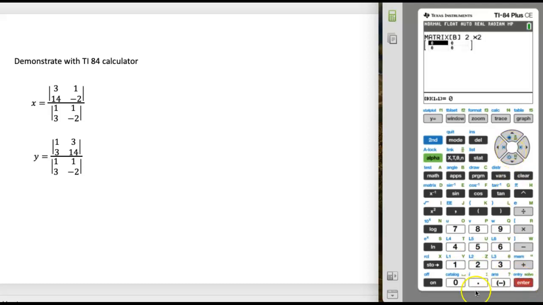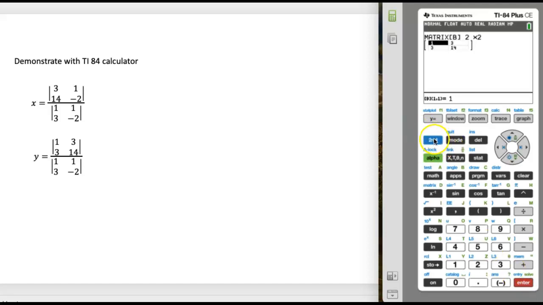And these are our constant term and coefficients for Y in the numerator. So this is 1, 3, 3, 14. So that gives us matrix B.